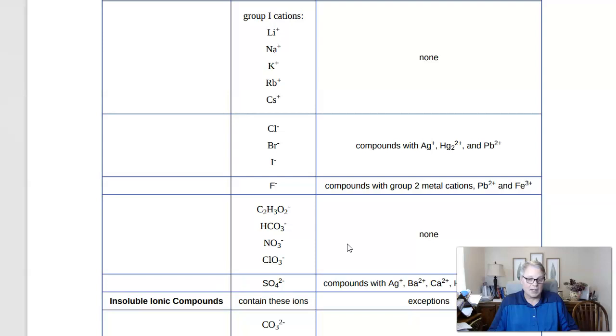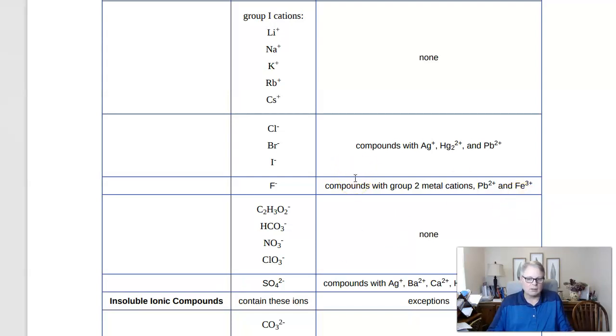You can only do so much. But I think you can generally remember all nitrate salts are soluble, and so are acetates, and your group 1 salts are always soluble. I think you can remember that. So if they ask you something like that, which is more than likely what they do, you're probably going to be okay. But on this test, I will give you the chart. All you have to be able to do is use the chart.